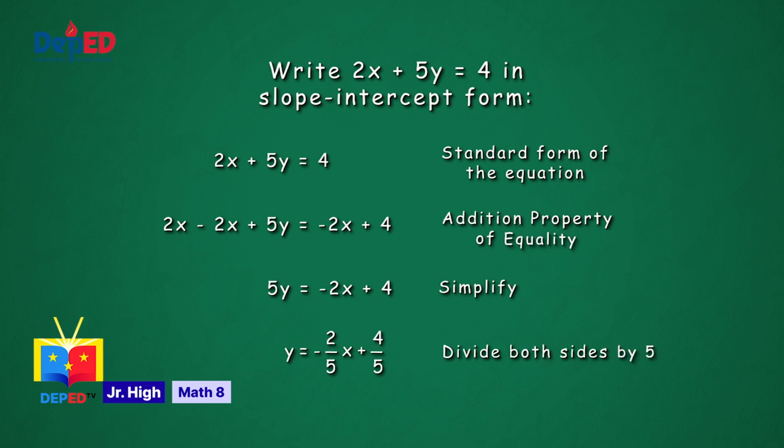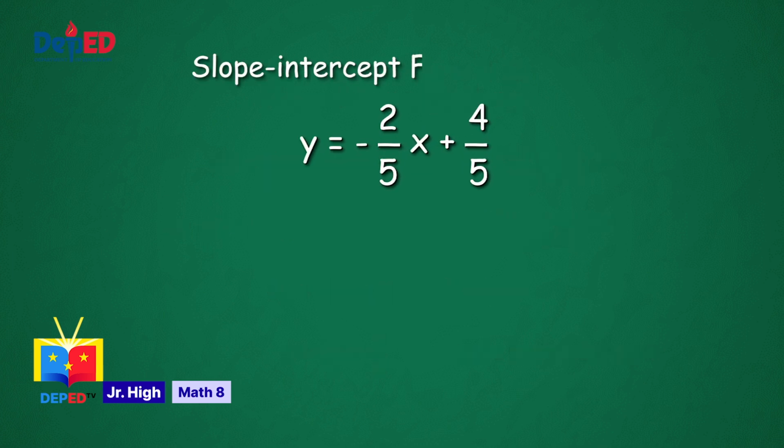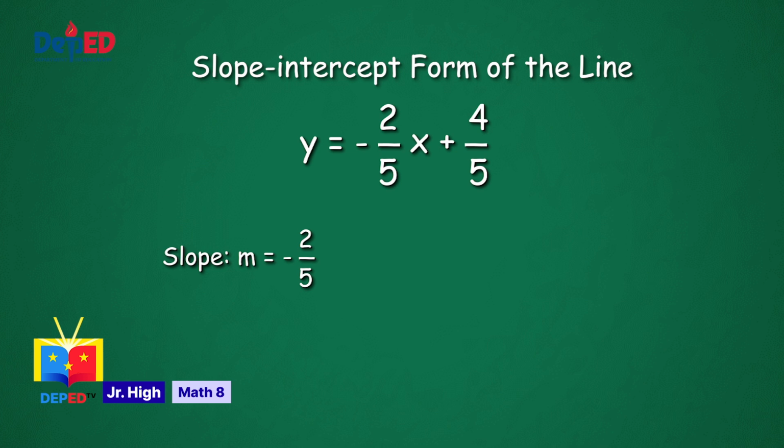Then we divide both sides of the equation by the numerical coefficient 5 and simplify. Therefore, the slope-intercept form of the equation is y equals negative 2 over 5 x plus 4 over 5. Furthermore, the slope is the new coefficient of x, which is negative 2/5, and its y-intercept is b equals 4/5.